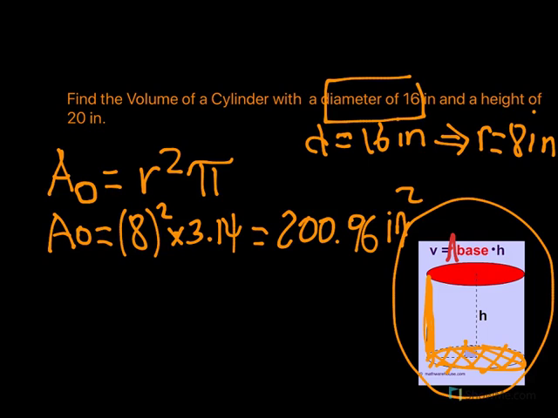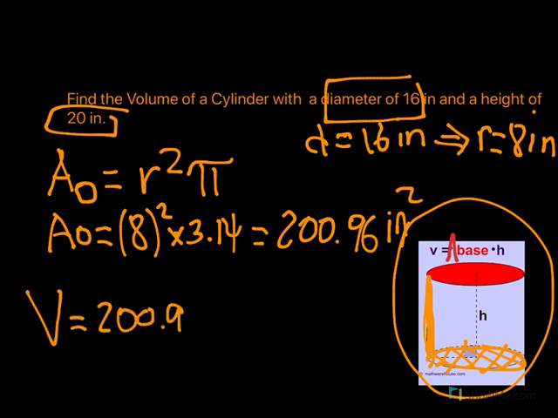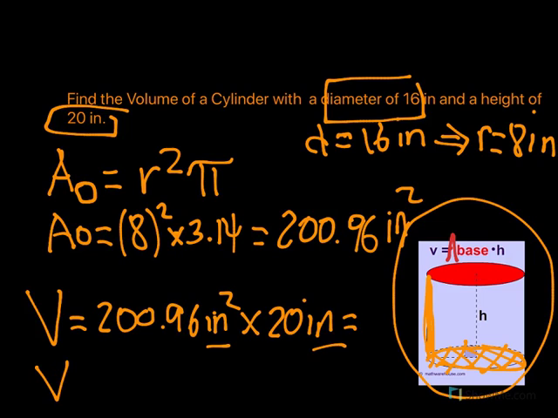Now I need to multiply by the height, and here they're telling me that the height is 20 inches. So finally, to find the volume of that cylinder, V is going to be 200.96 inches squared times 20 inches. We know that the volume is given in cubic units, so you have to keep that in mind for your final answer.